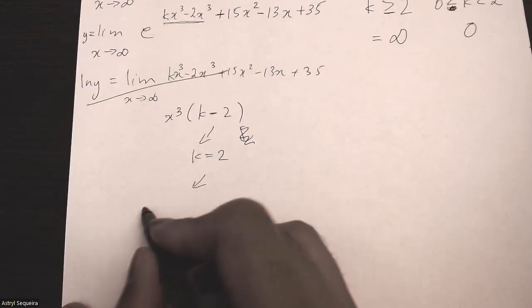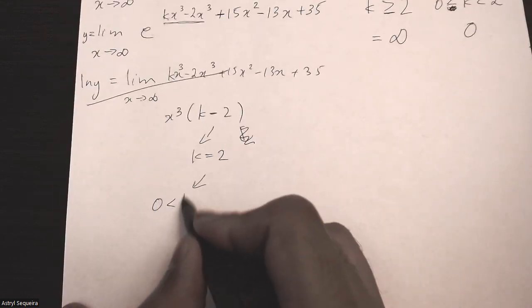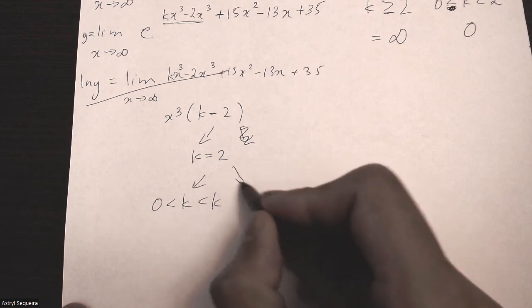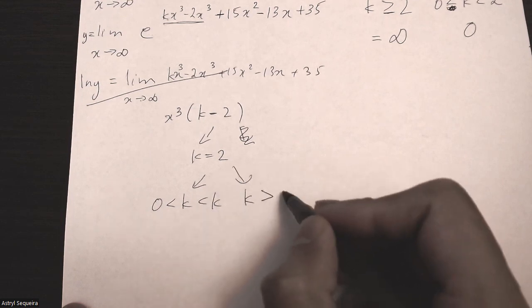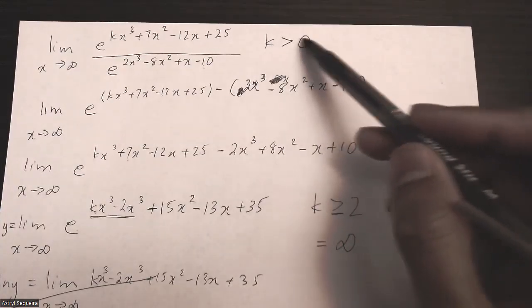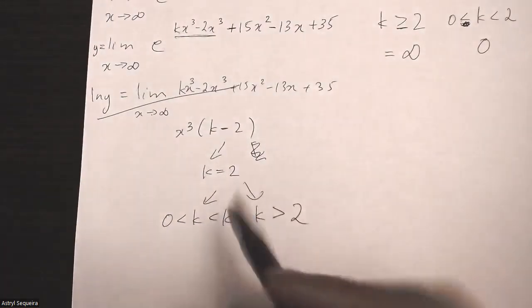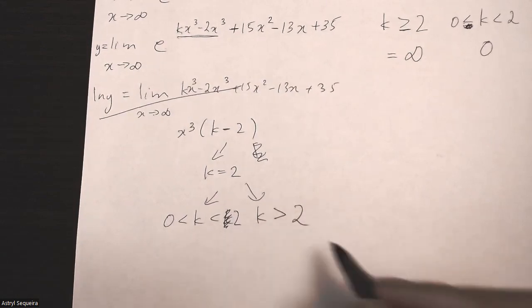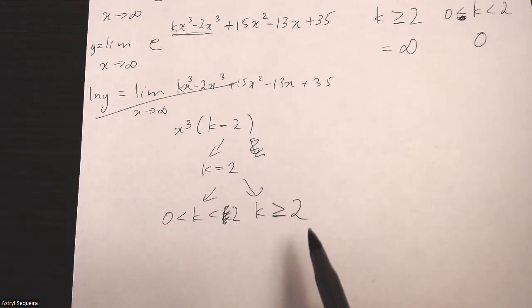I'm going to split it into 0 less than k less than 2, and k greater than or equal to 2. There's two scenarios for this answer, and my minimum is 0.